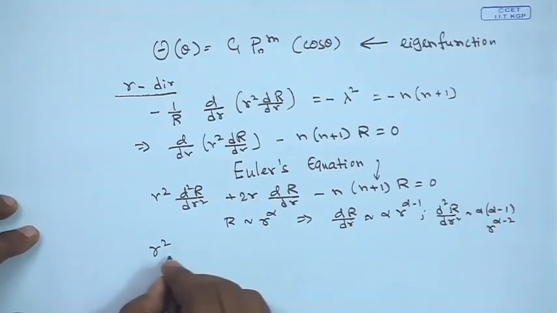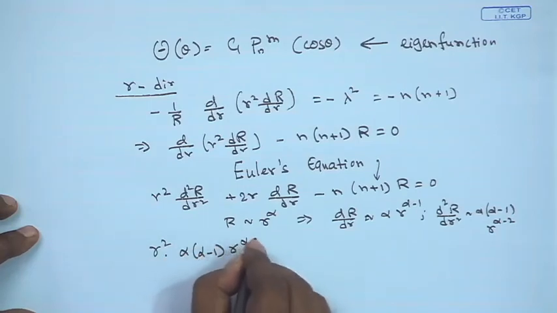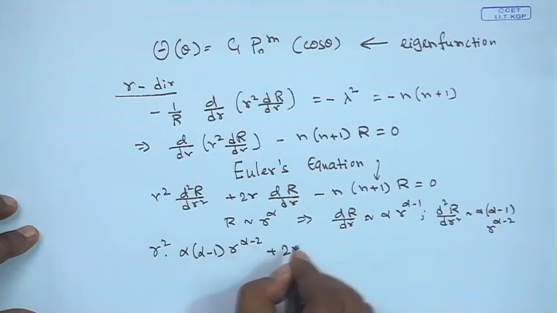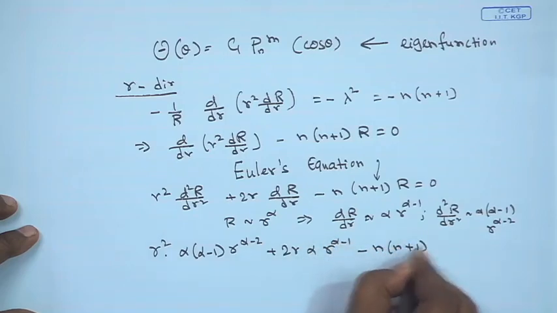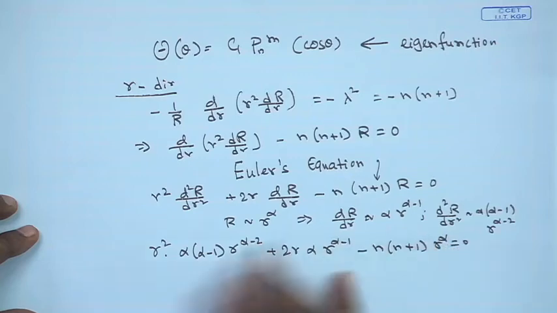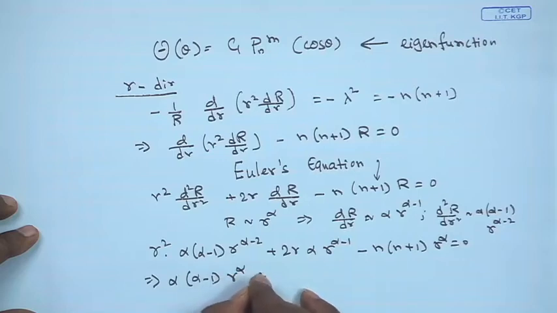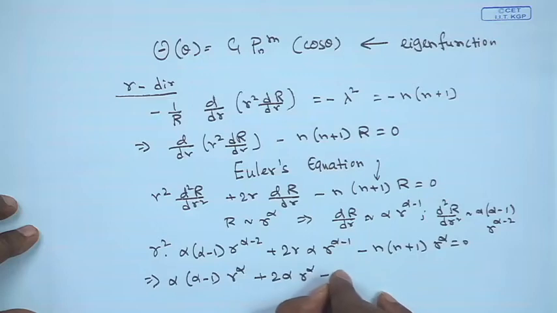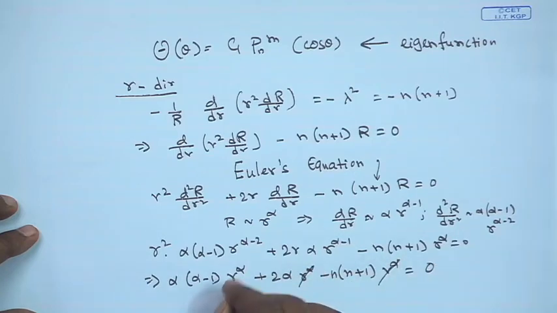So, it becomes r square into alpha into alpha minus 1 r to the power alpha minus 2 plus 2r into alpha r to the power alpha minus 1 minus n into n plus 1 r to the power alpha is equal to 0. So, this becomes alpha into alpha minus 1 plus 2 alpha minus n into n plus 1 times r to the power alpha is equal to 0. So, r to the power alpha will be cancelled from all the sides.